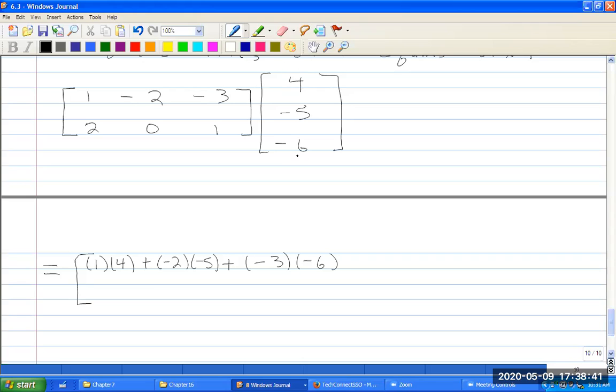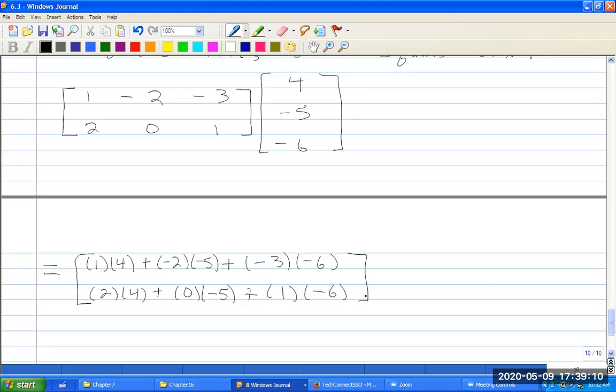That gives me the entry in the first row and first column. Now let's find the entry in the second row, first column. Multiply 2 times 4, 0 times -5, 1 times -6.